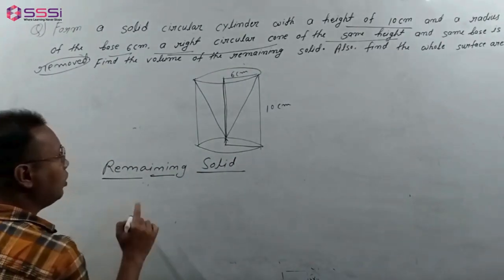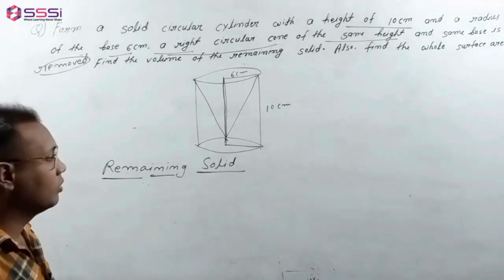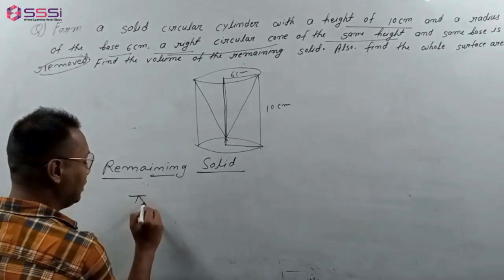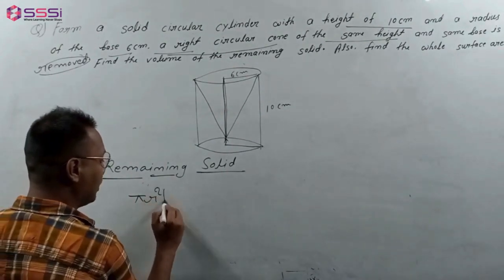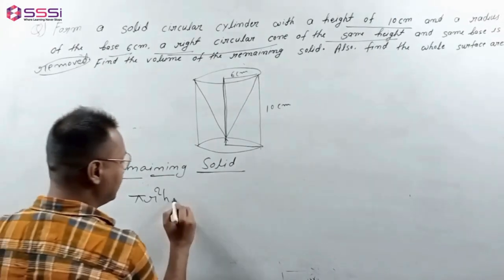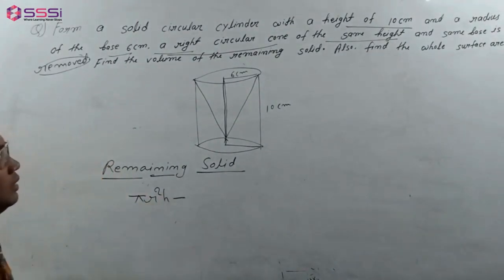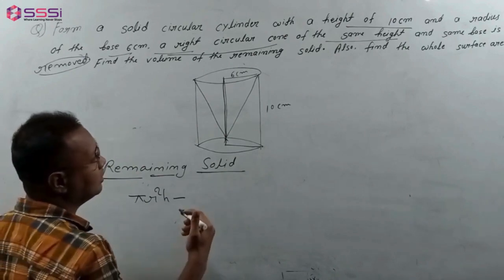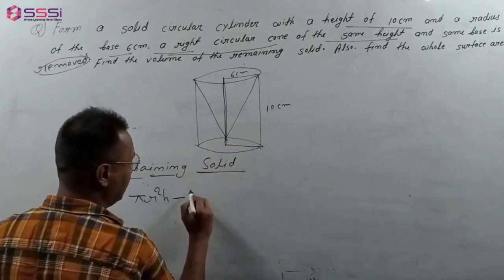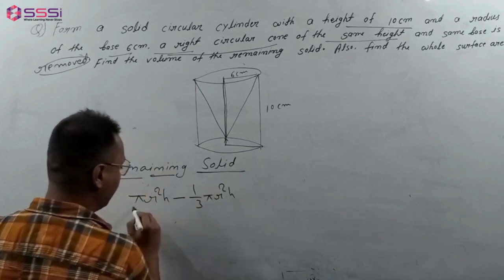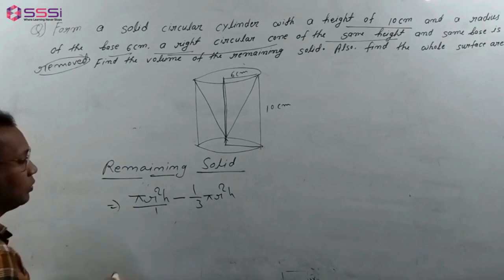We are going to apply this formula. First, volume of cylinder. What is volume of cylinder? Volume of cylinder is pi r square h, and subtract volume of cone. So this is our volume of cone, and we are going to solve this.